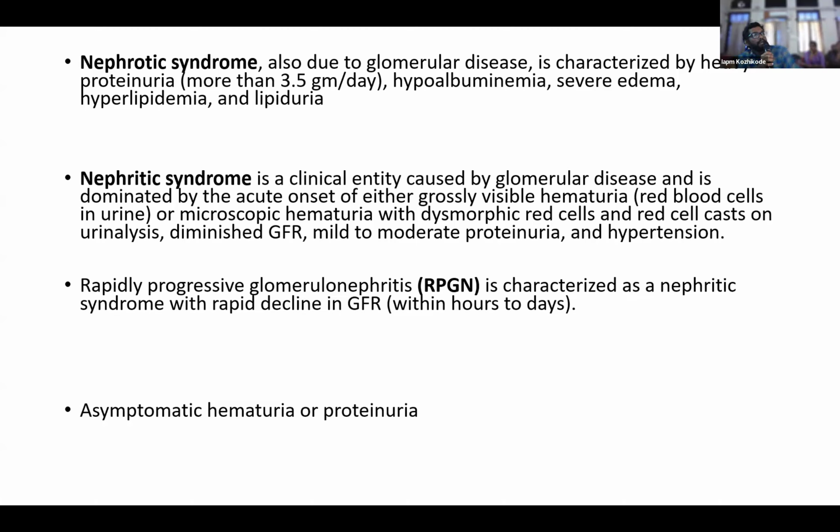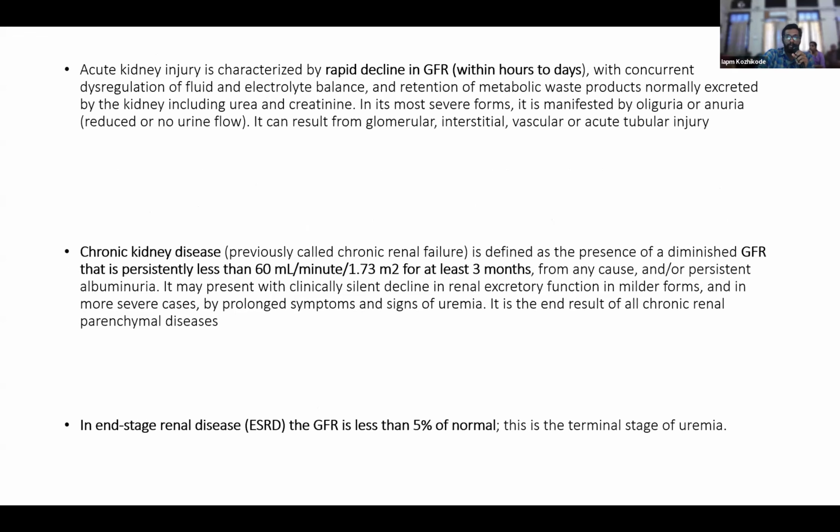Okay, and another endpoint we may reach is the patient is having RPGN, rapidly progressive glomerulonephritis. It means the renal condition is failing within days or weeks. Okay. Another conclusion you may reach is the patient is having asymptomatic hematuria or albuminuria. Okay. So this is an endpoint of our assessment of various of these factors.